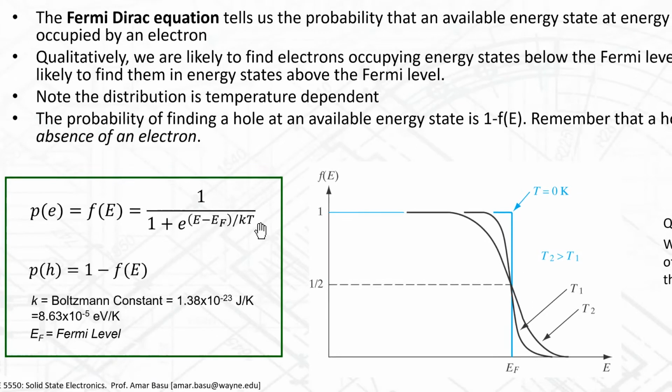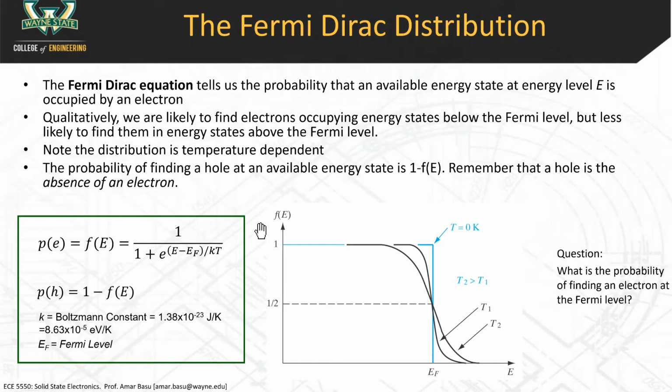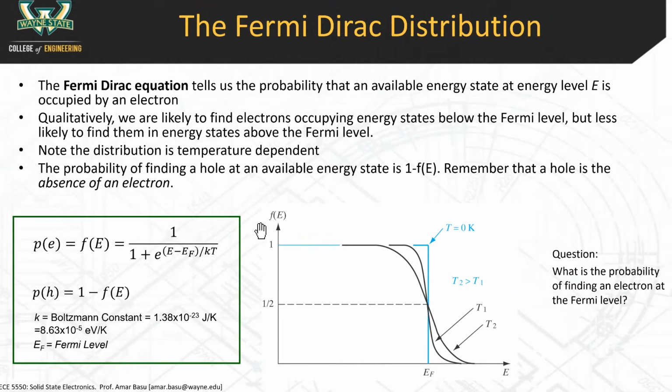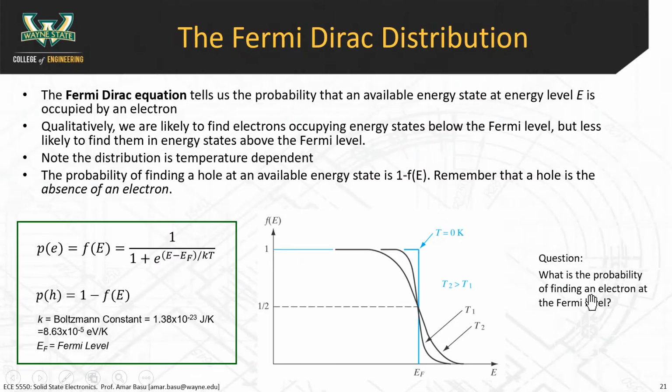All right, so this mathematical function, the Fermi function, nicely describes the probability of finding an electron at a given state. When you're below EF, the probability is very high. As you go above EF, the probability of finding an electron at the state transitions to 0. Lower energy states are very likely to be occupied. High energy states are less likely to be occupied. So that's the Fermi function.